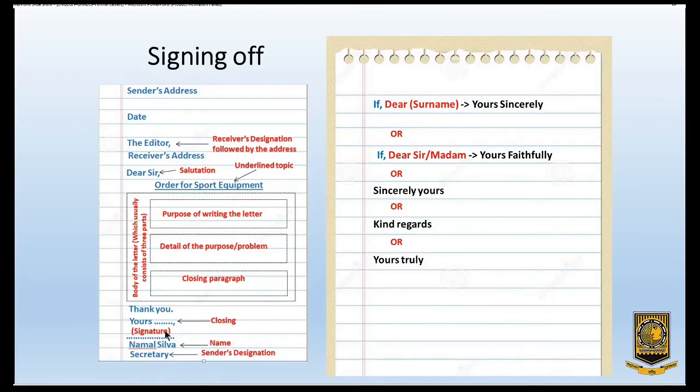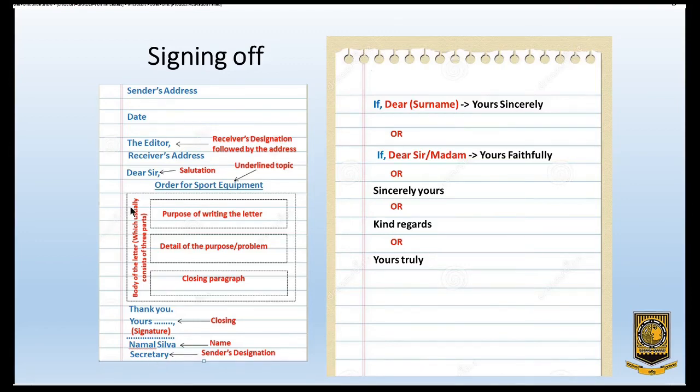After that, the signature. You have to sign. You are the person who is writing the letter. Write your signature. Then write your name. Then you have to mention who you are, your designation. If you are the secretary of the Science Union, or the secretary of the English Literary Association, you can mention that.